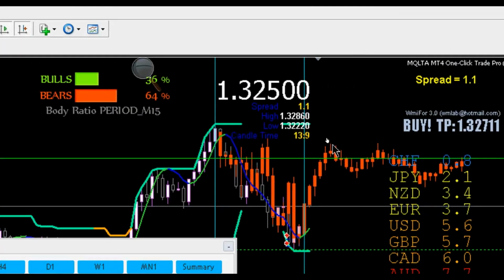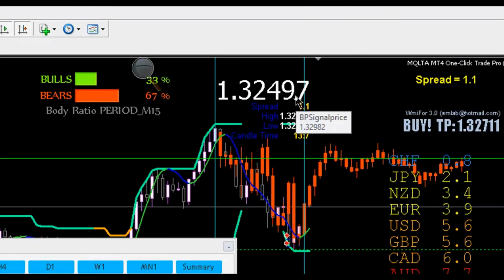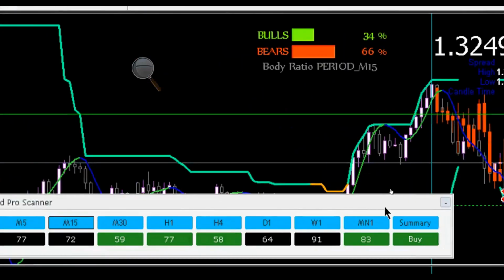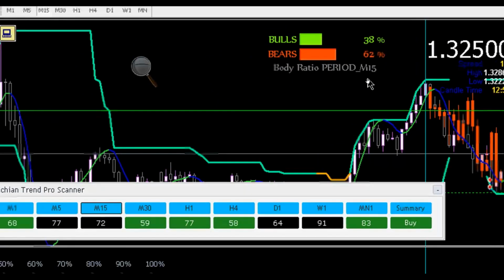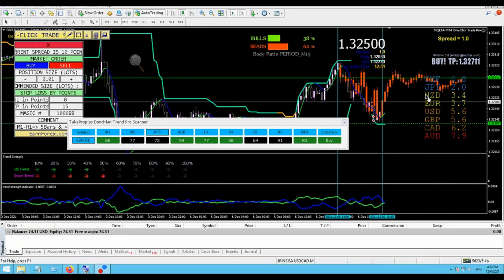Like I said, it's important that you make notes of these figures here. That's the current price, and also the details here in comparison. Let me just reduce it in size so you can get a bigger picture.